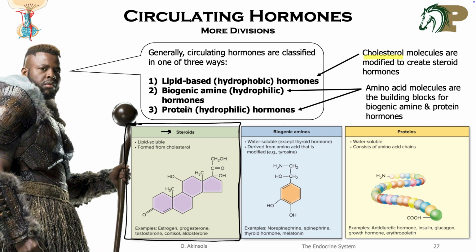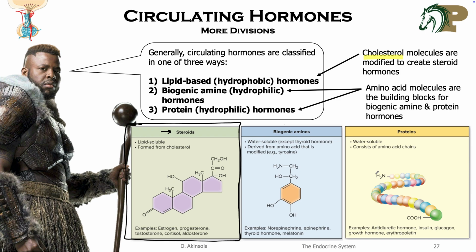And then we have our protein, or hydrophilic hormones, which are also water soluble. They consist of amino acid chains. The terms that will be synonymous for your protein hormones would be protein hormones, amino acid hormones, hydrophilic hormones or water-loving hormones, and then water-soluble.